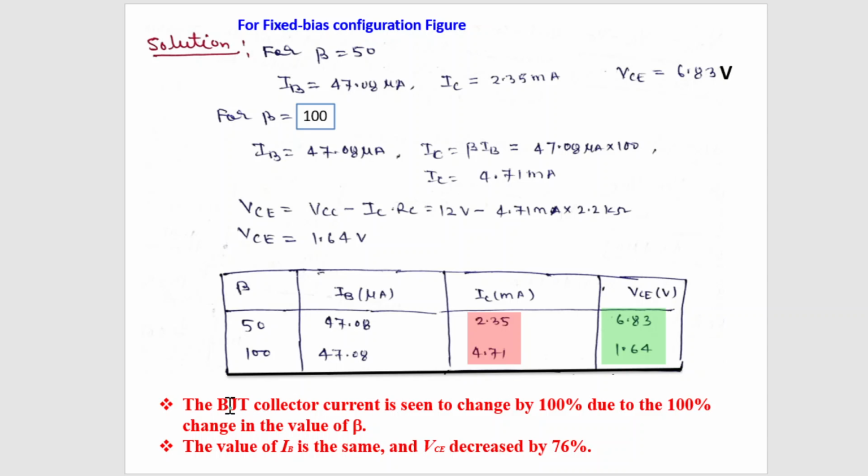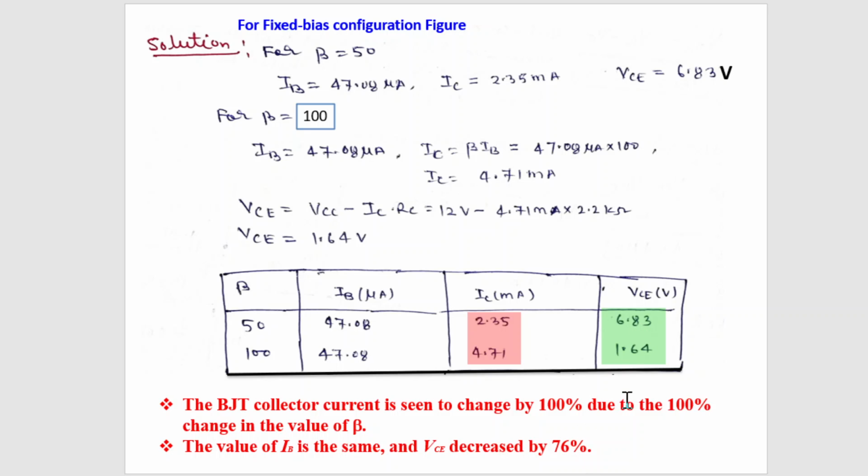It means the BJT collector current is seen to change 100% due to 100% change in beta value. The collector current will change the same times as you change the beta value. And you see VCE here is 6.83 for 50 and 1.64 for 100. If you change beta by 100%, the base current remains the same, but VCE, collector emitter voltage, basically decreases 76%.